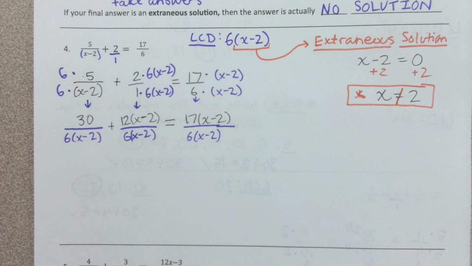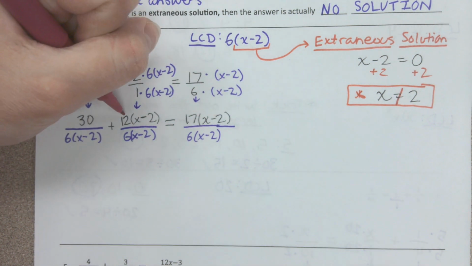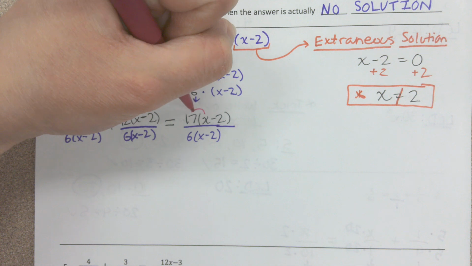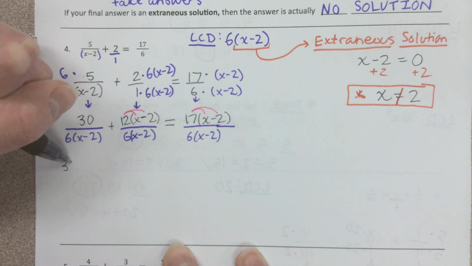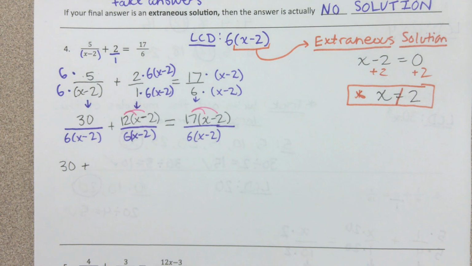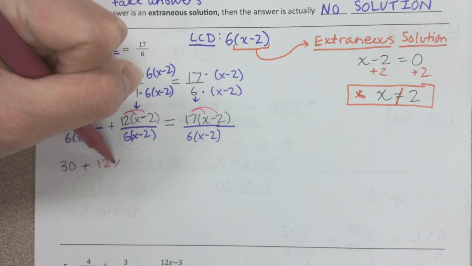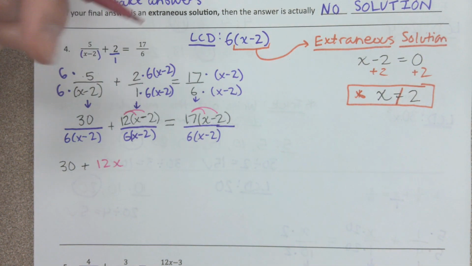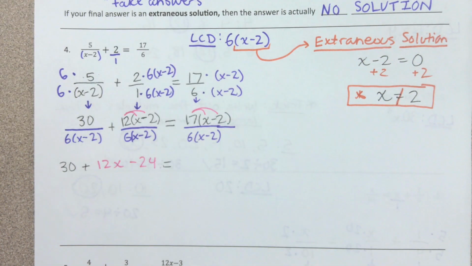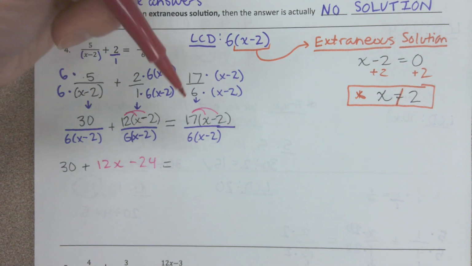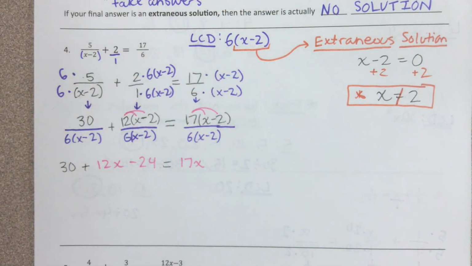To save myself a little bit of work, I did these in the previous notes, I'm going to go ahead and do this distribution when I drop the denominators and rewrite the equation. So we now have 30 plus 12 times x, that's 12x. 12 times negative 2, that's negative 24, equals 17 times x, 17x.